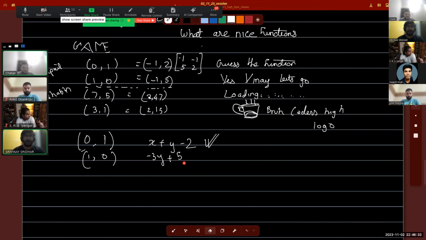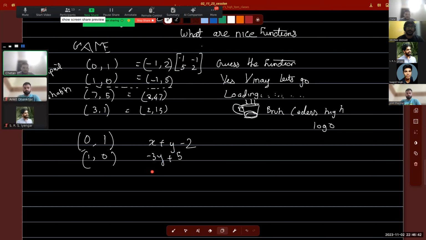So if you give it an input of 0, 1, it gives you 0 plus 1 minus 2, that is -1. But we are getting output in 2 dimensions, Vinay. Think about it. So the function of x, comma y is giving you x plus y minus 2, comma, -3y plus 5. -3 plus 5 is giving you 2.